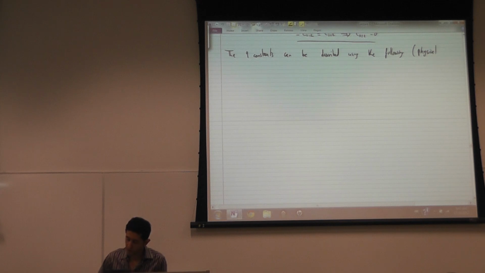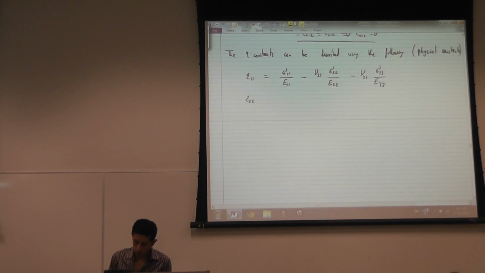They have physical meaning. Epsilon 1,1 will be equal to sigma 1,1 over E11, Young's modulus in the direction 1, minus Poisson's ratio 2,1 sigma 2,2 over E22, minus Poisson's ratio 3,1 sigma 3,3 over E33.